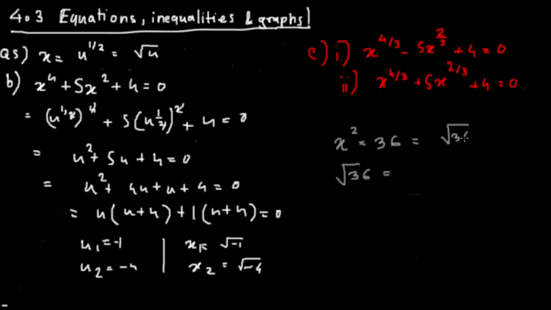So the square root of 36 will always equal 6, but this is going to equal plus or minus 6. In algebra, when you're doing any type of single operation, it's always just going to be the principal root, which is plus 6. That is probably one of the most important things to note here.